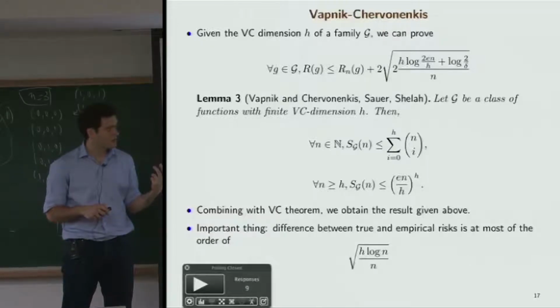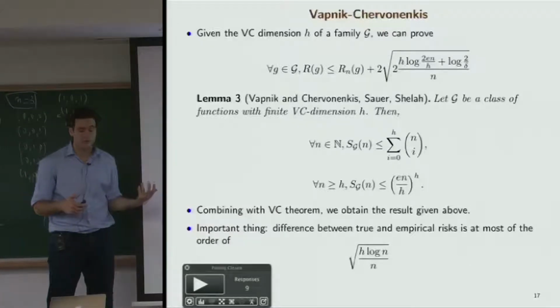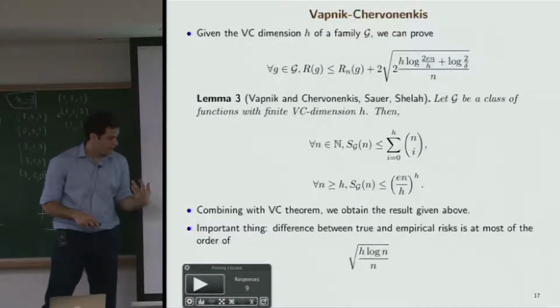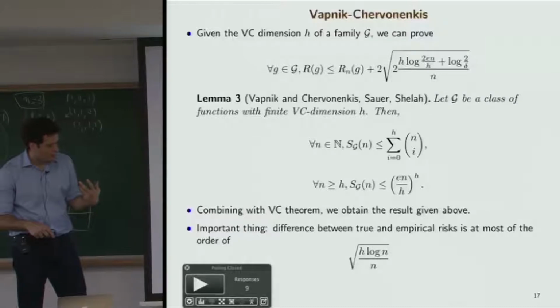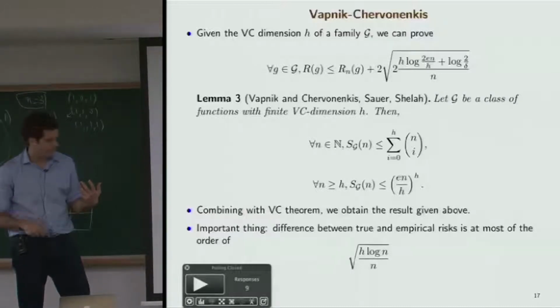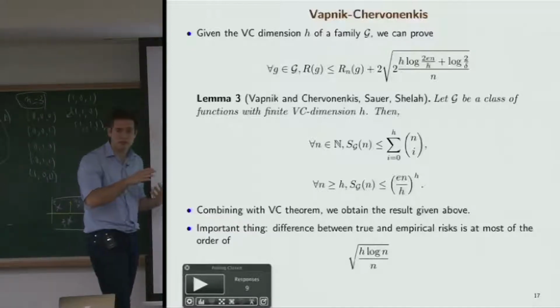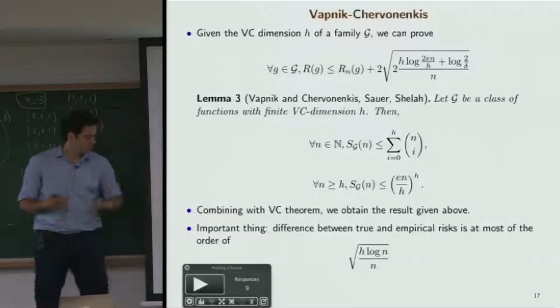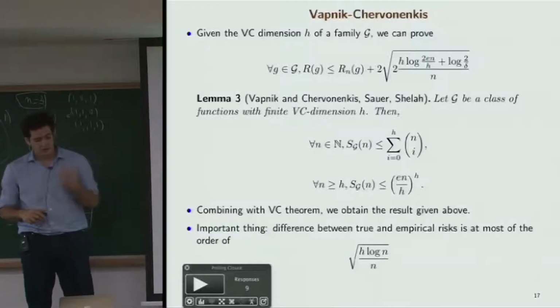If you choose functions which have low VC dimension, and hyperplanes are among them, then you get a bound where the numerator doesn't increase too fast with the number of points n, whereas the denominator, the square root of n, will increase relatively fast to give you a nice bound here, a nice difference here.